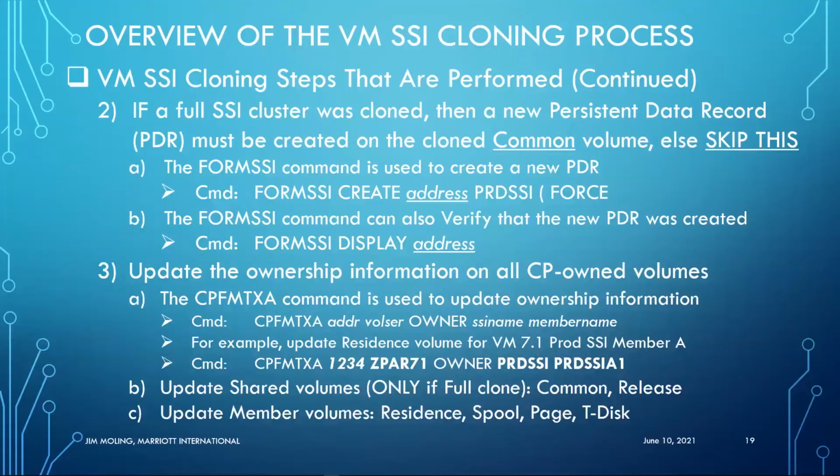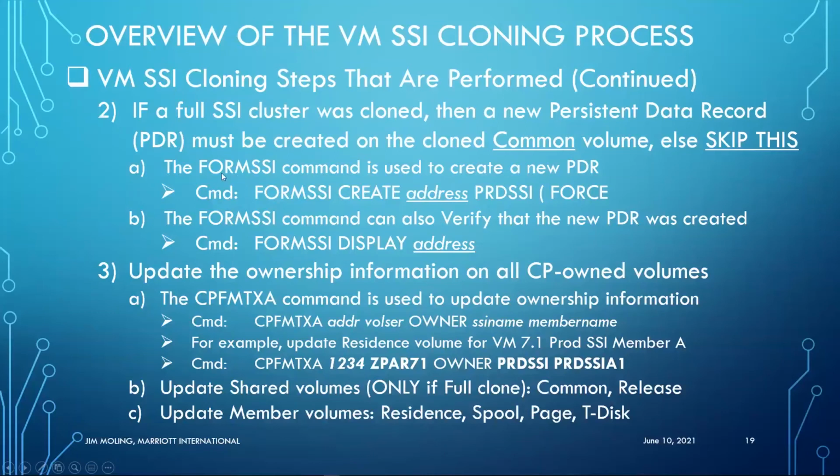That's no good for the new cluster that you're trying to create. So you have to replace that with a new one that has the correct information in it. And this PDR is key to having the SSI cluster operate properly. The common volume is a key volume in that respect, for other reasons as well.